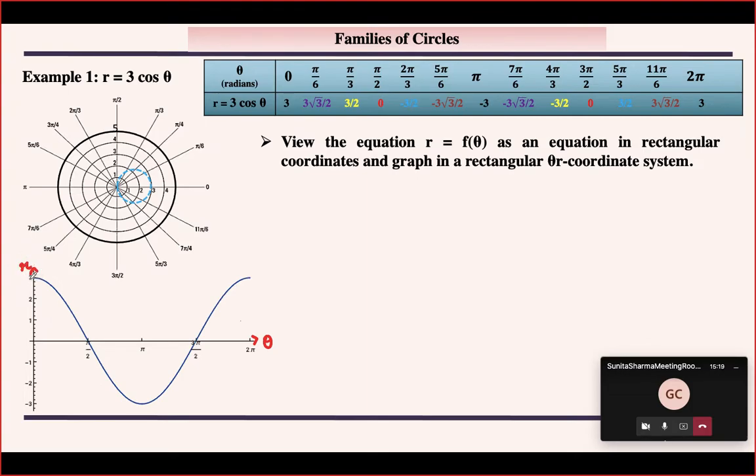So r is represented along the vertical axis, and then treating this equation like an equation in the rectangular system, we are going to plot this.